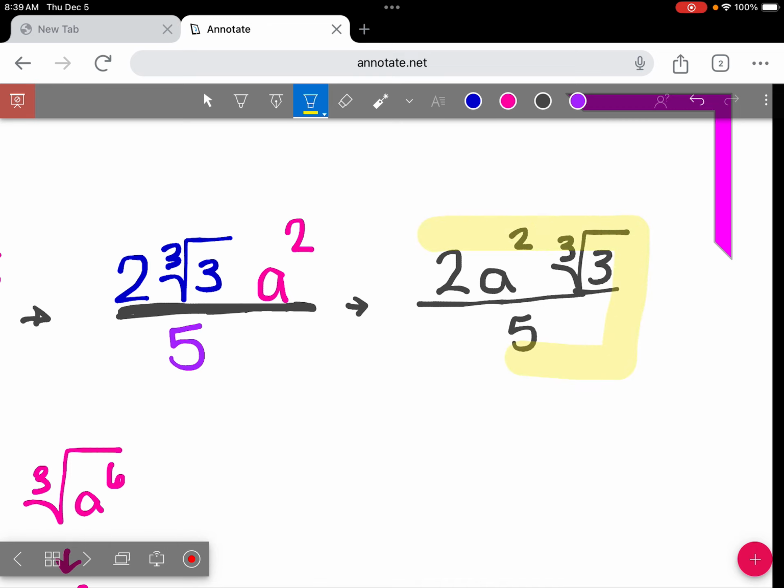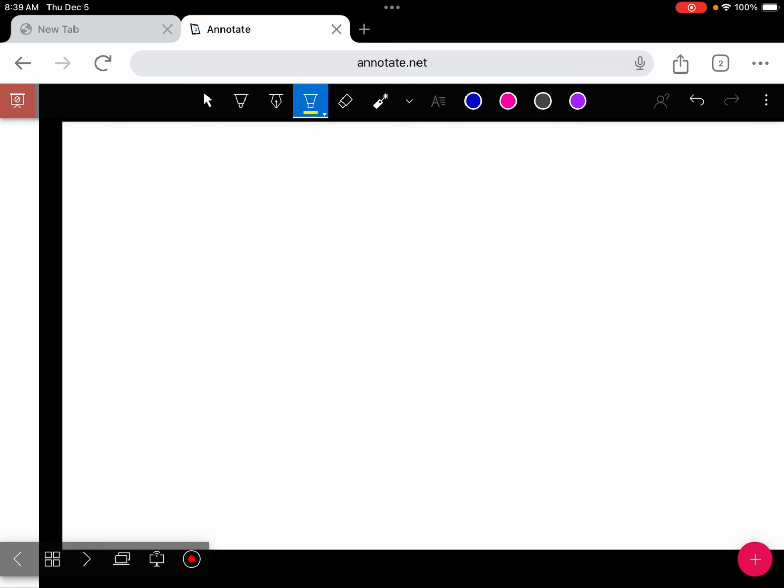So that's our answer. Questions on this one? Because we've not done a funky root that had a leftover before. Okay, let's practice a little bit more.